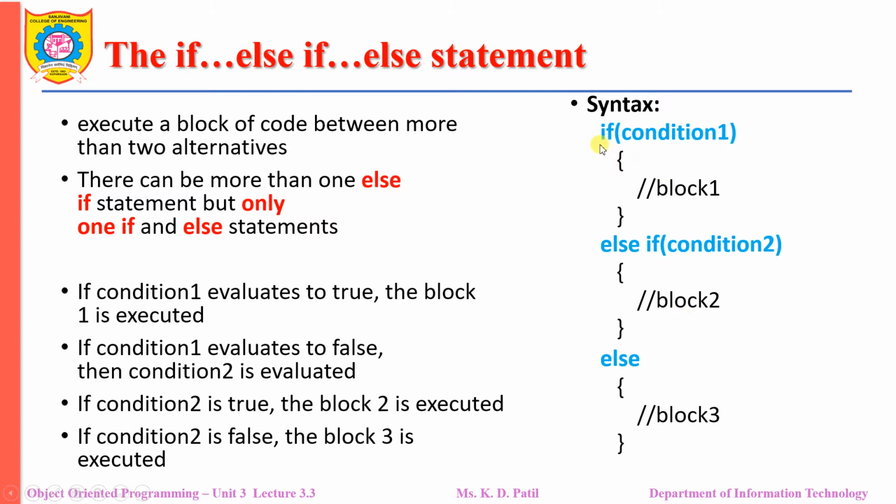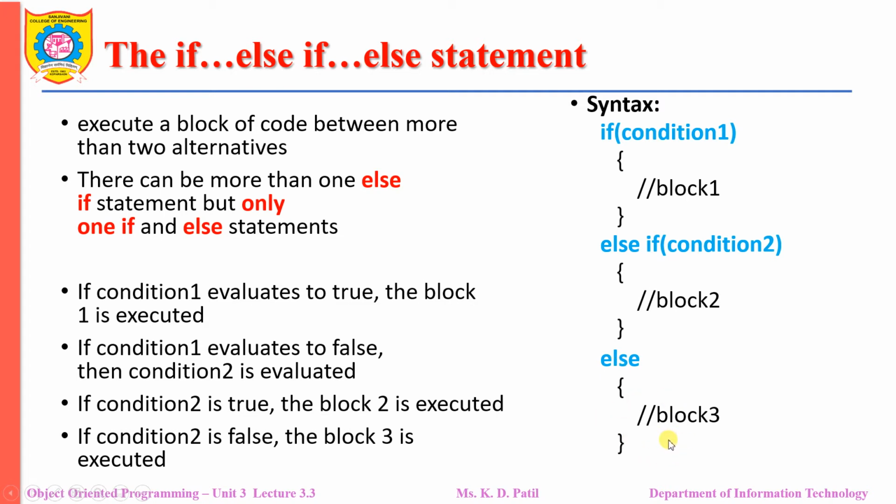Here, if condition 1 is true, then only block 1 will be executed, but if condition 1 is not true, then control will jump to the next condition, that is the else if condition. Now this else if condition 2 will be checked, and if it is true, then block 2 will be executed, but if this condition is false, then control will directly go to the else statement, and block 3 will be executed.